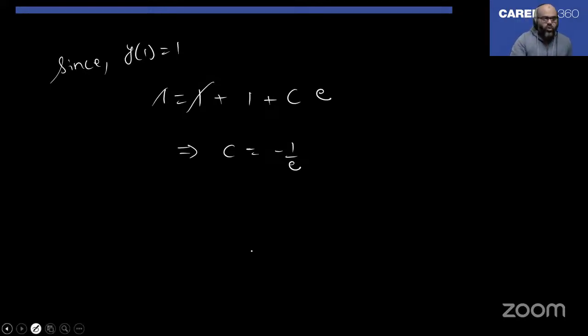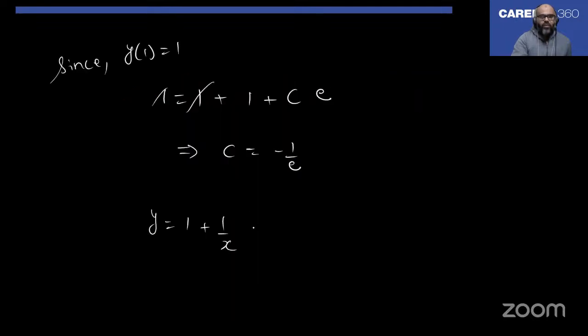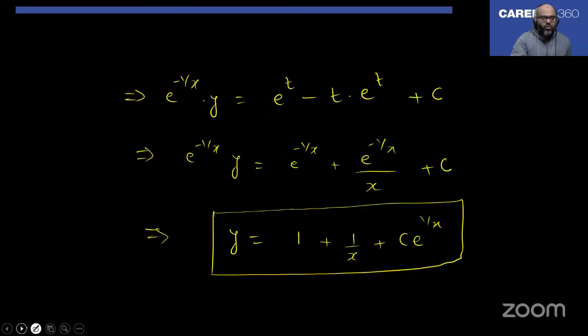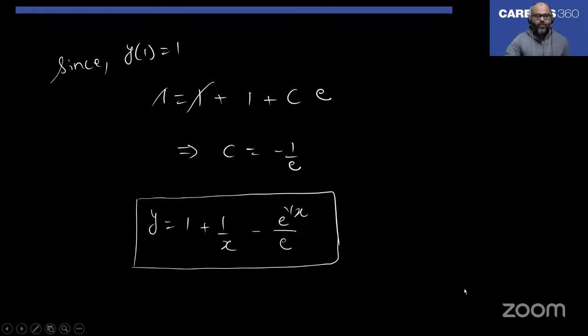So this equation will be y equal to 1 plus 1 by x plus c, c is now minus 1 by e, and e to the power 1 by x. So after finding the constant of integration, we write it like this.